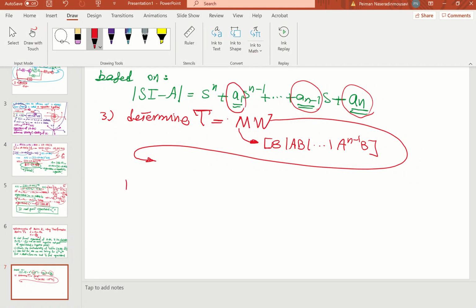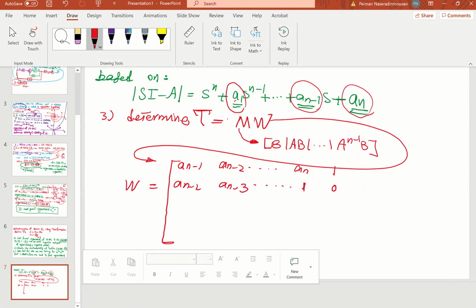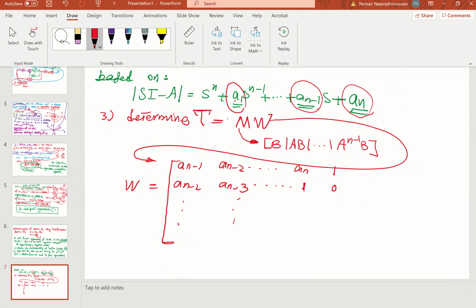What is W? It is based on these coefficients: A_(n-1), A_(n-2), up to A1, 1. Now we are shifting, A_(n-2), this comes here, A_(n-3), 1, 0. Now this comes here, as we have.